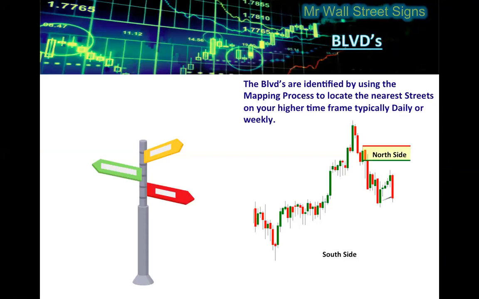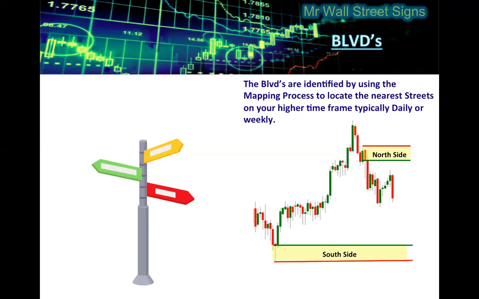All right. So, boulevard analysis and boulevards. This is how we identify our boulevards. Your boulevards are just your higher time frame streets. They are North Boulevard and South Boulevard. You are identifying the avenue above current price that qualifies, and you're identifying the block below current price that qualifies.